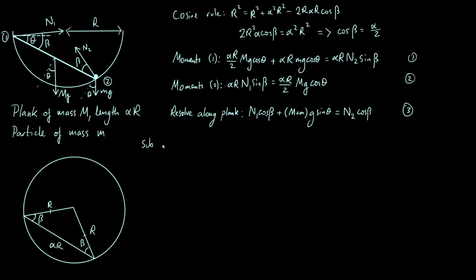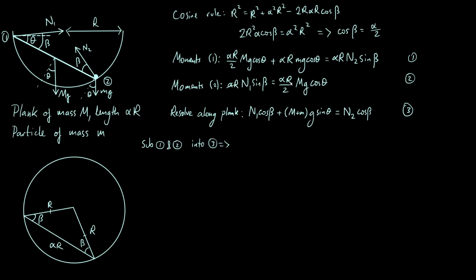Okay, so let's actually do that, and it should become a bit clearer what I'm talking about. So we are going to substitute equations 1 and 2 into equation 3. So let's look at this n1 cos beta term. From equation 2, what is n1 equal to?